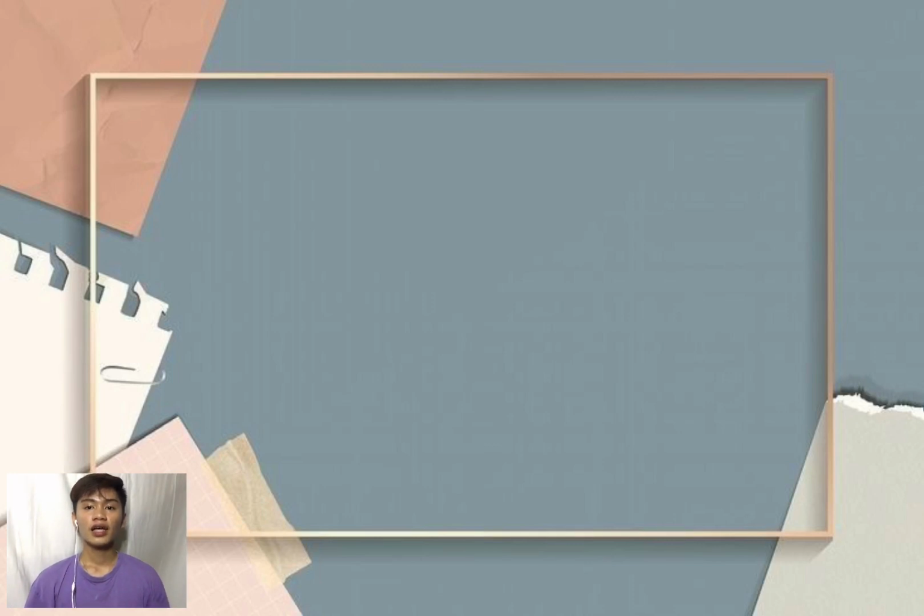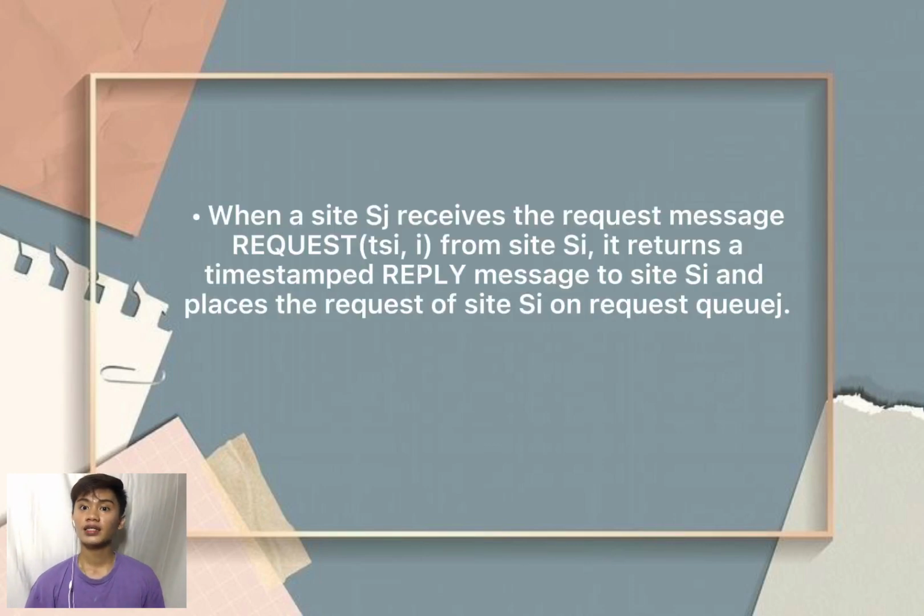When a site Sj receives the request from site Si, it returns a timestamped reply message to site Si and places the request of site Si on its request queue.